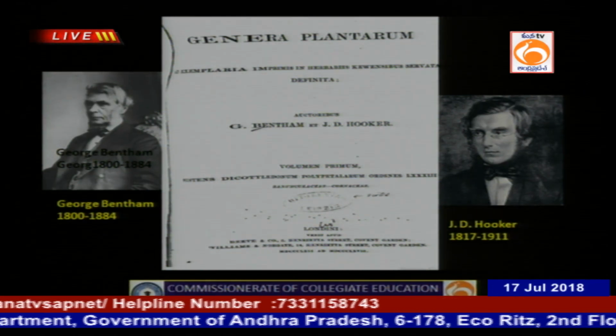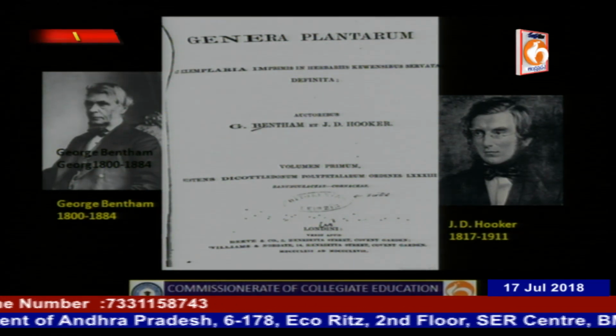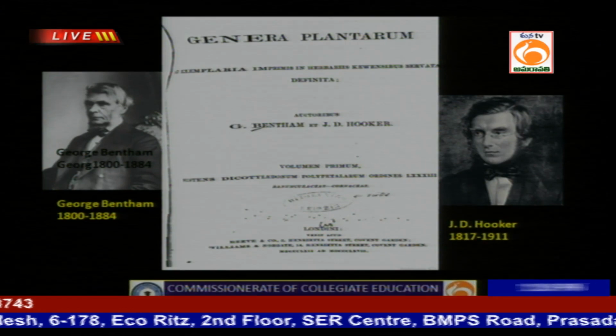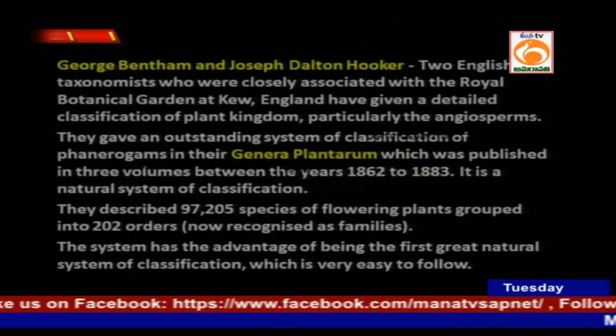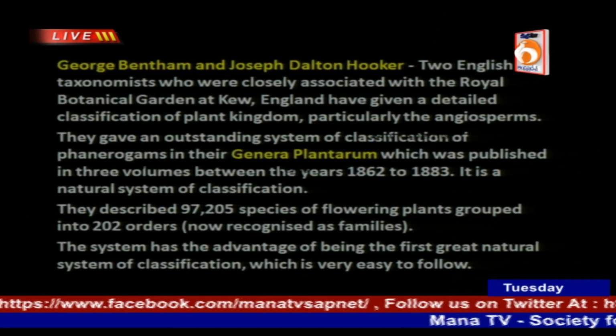These two are English systematists. They worked in the Kew Royal Botanical Garden and published their monumental work in a book called Genera Plantarum. This Genera Plantarum was published in 3 volumes from 1862 to 1883. This is nothing but a natural system of classification.